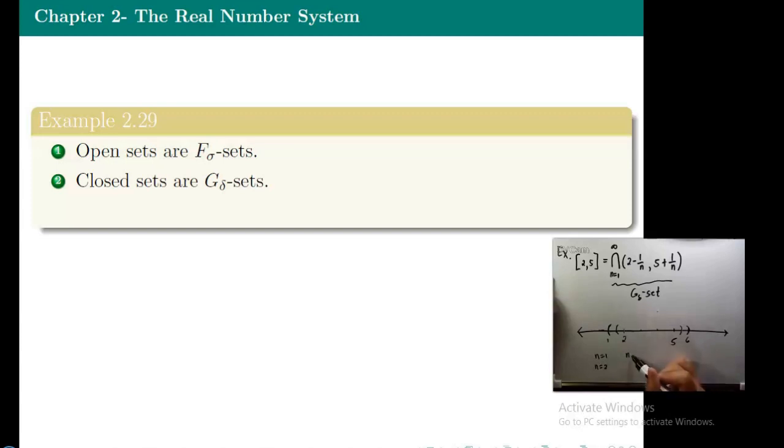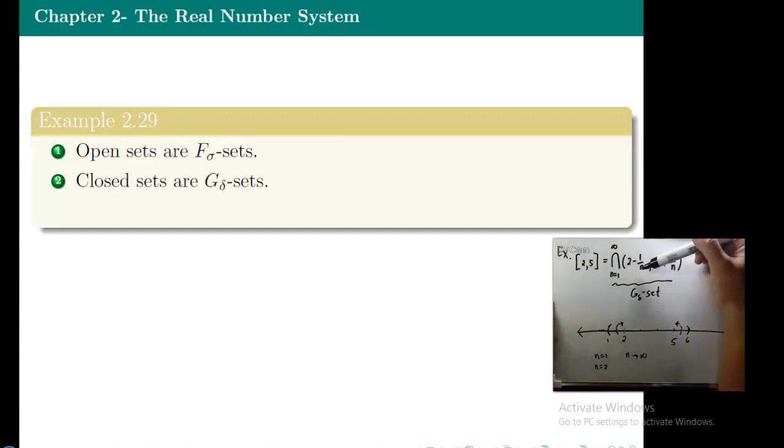Now as you notice, as n gets larger and approaches infinity, the sequence of open intervals is decreasing. It is getting closer to the interval from 2 to 5.